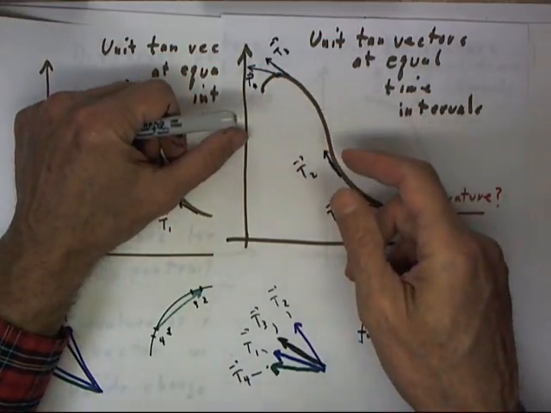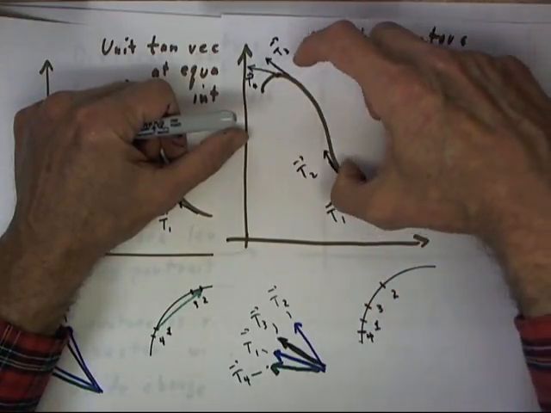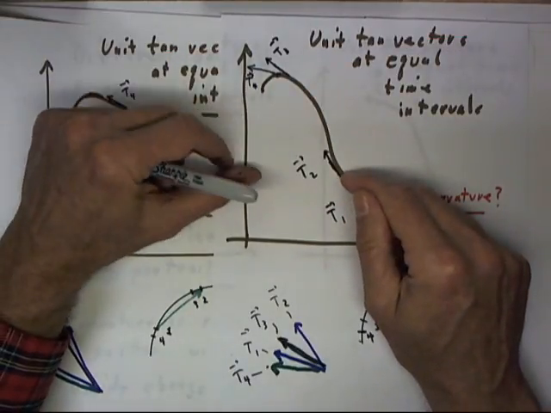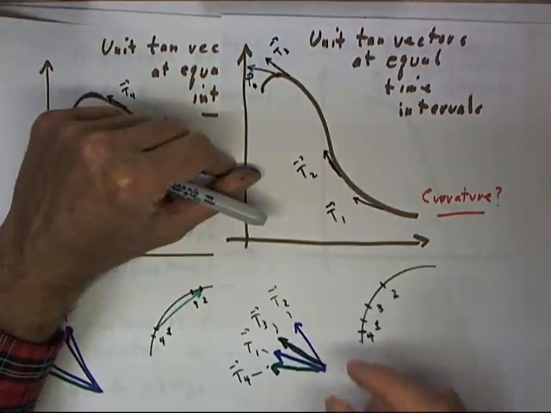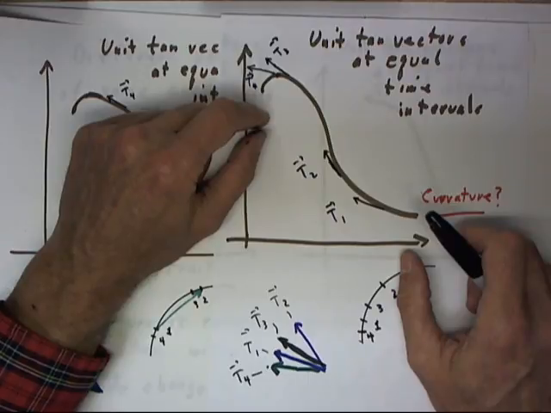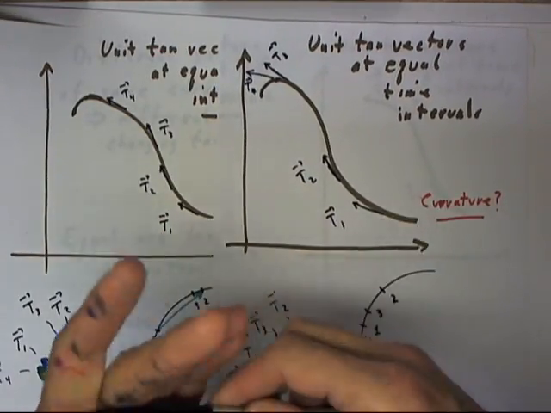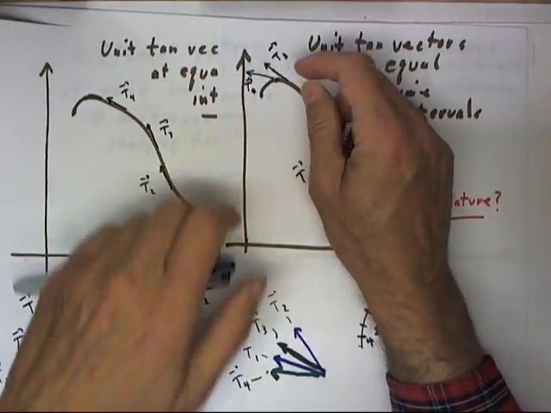So we have a pretty good speed along the curve here, and we get faster between here and here. Now, we don't know what happens between this instant and this instant, but on average we're moving faster as we go around here than here, and we're not moving very fast as we go from here to here. However, where is it that this thing curves the most? Is the path curvier between here and here, between here and here, or between here and here?